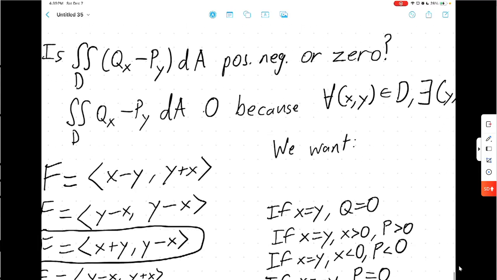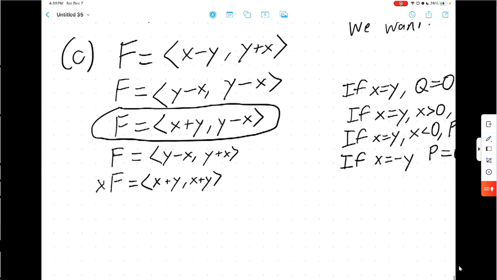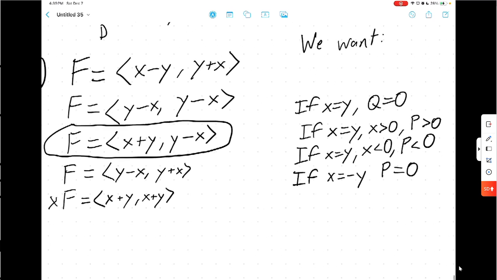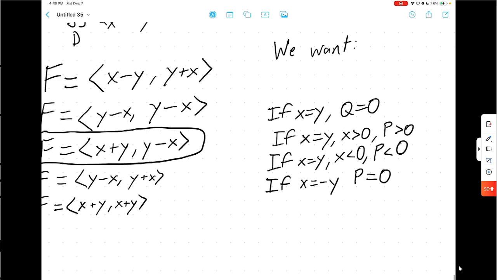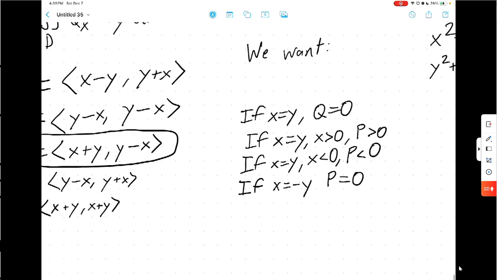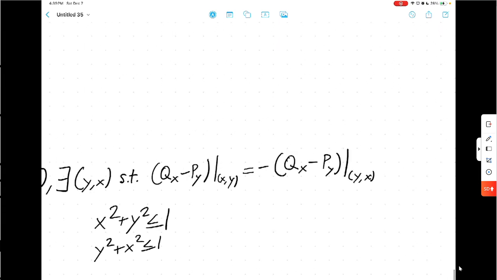Let me just see where the logic is really quickly, because this should be the right one based on everything given. Q with respect to x is going to be -1, and p with respect to y is 1. So this means there's something wrong in b.